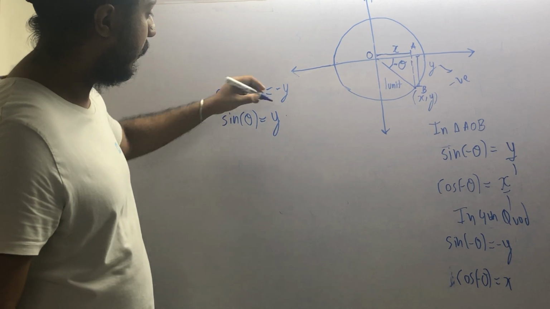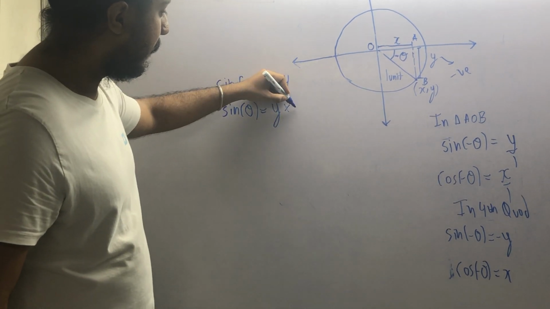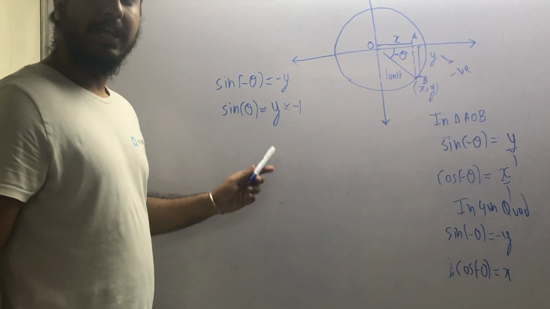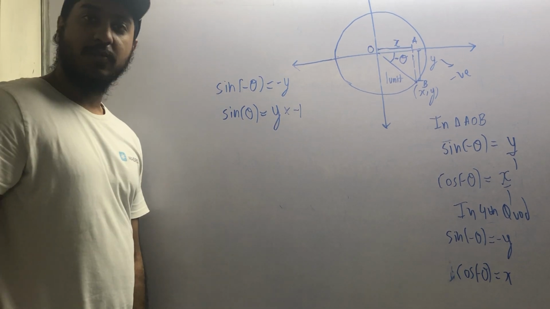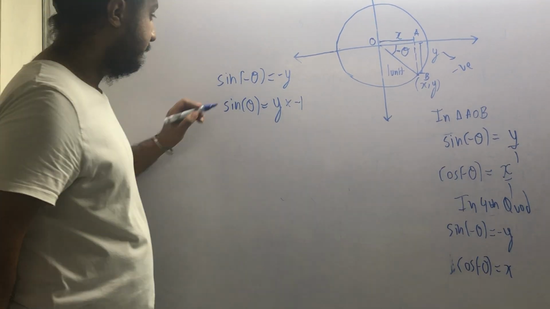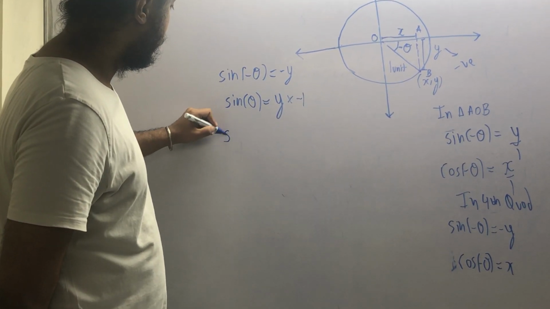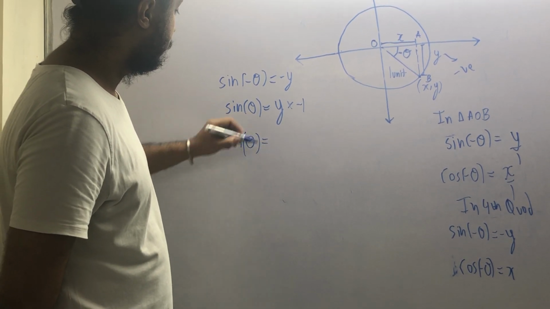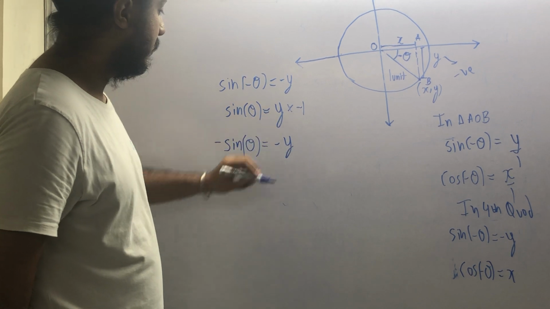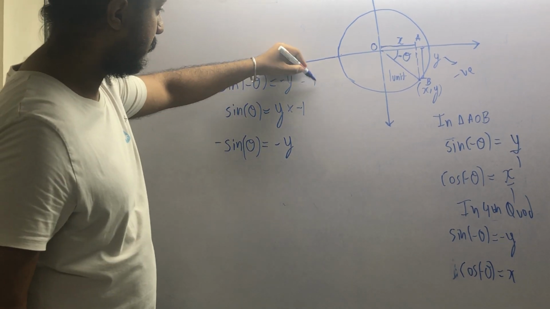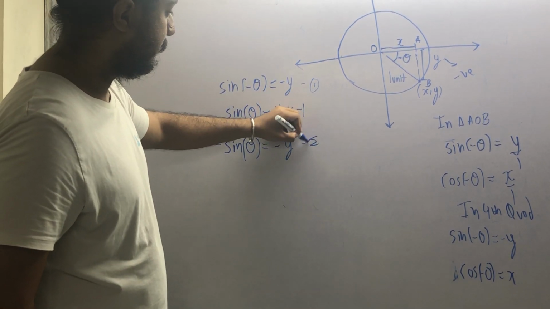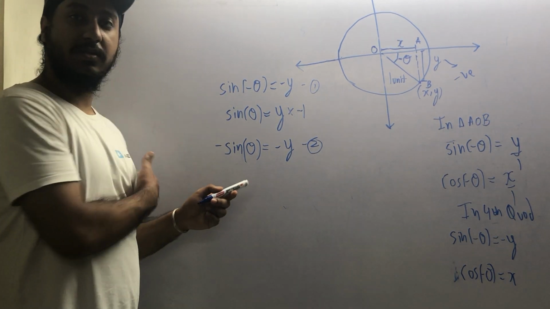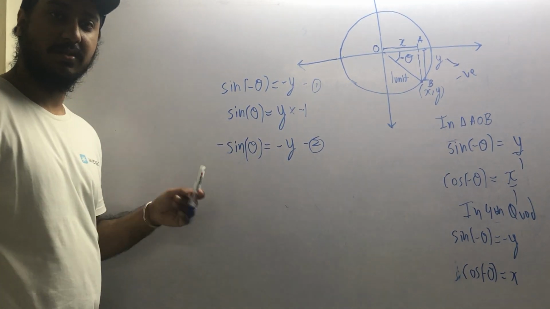Now look carefully what I am going to do. I will multiply this equation by minus 1. If I multiply this by minus 1, what am I going to get? Minus sin theta is equal to minus y. I hope these two equations are clear to you, how they came out in existence.